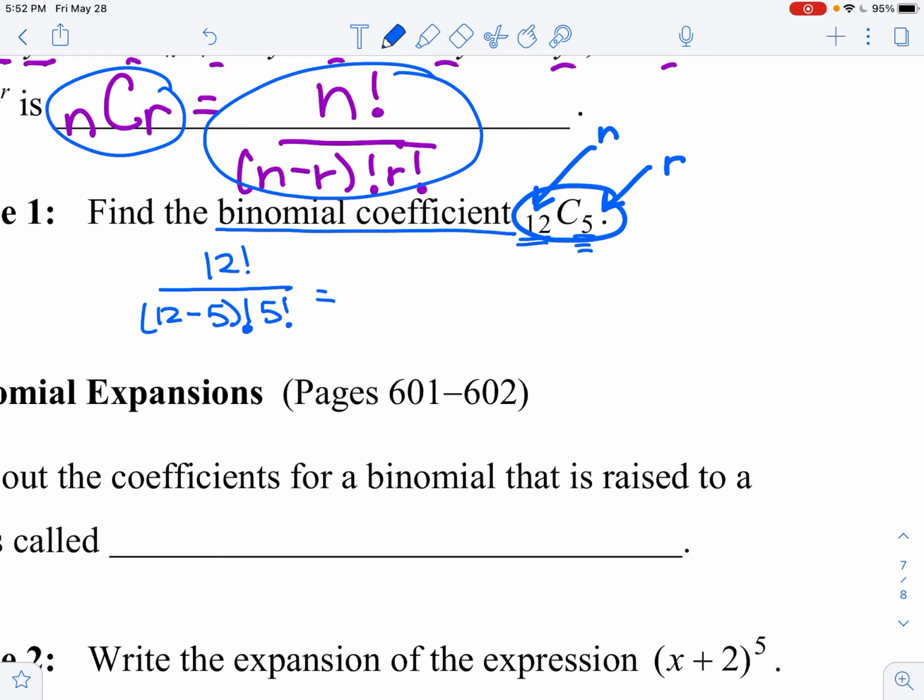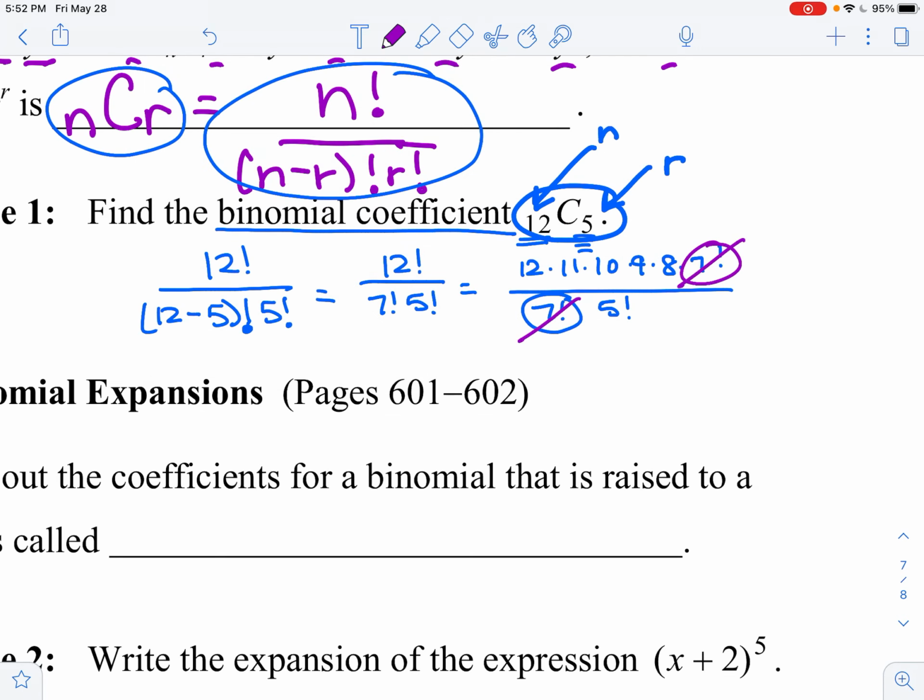So if we were to write this out, 12 factorial over 12 minus 5, which is 7, factorial. And remember, 12 factorial is 12, 11, 10, 9, 8, 7, and so on. What I'm doing here is I'm trying to cancel out where I can. Do you see how I stopped at 7 because this is 7? So what I'm going to do here is these will cancel.